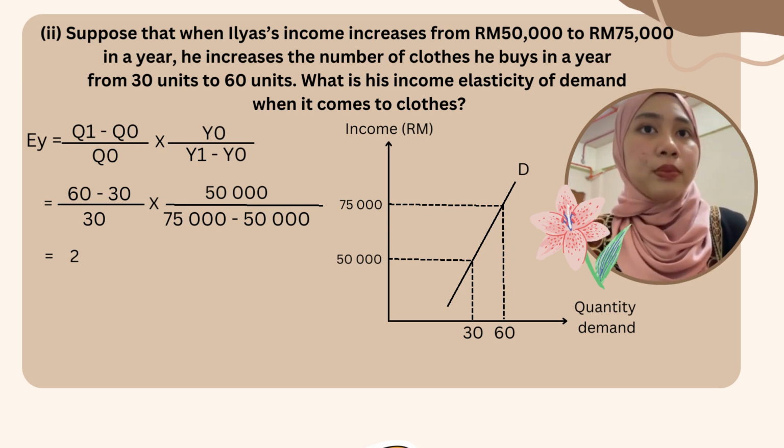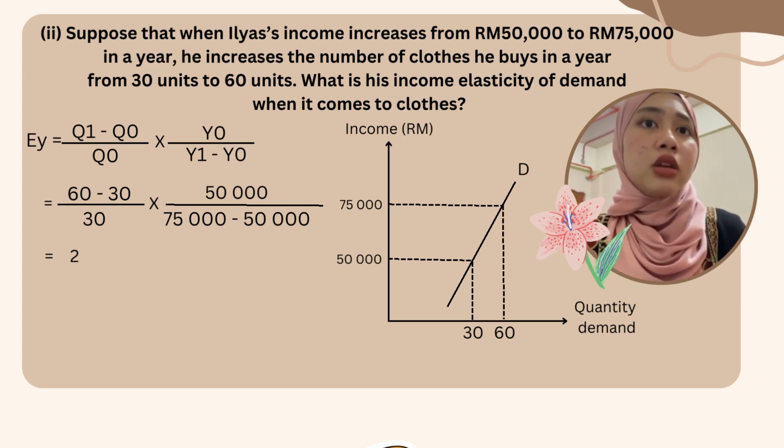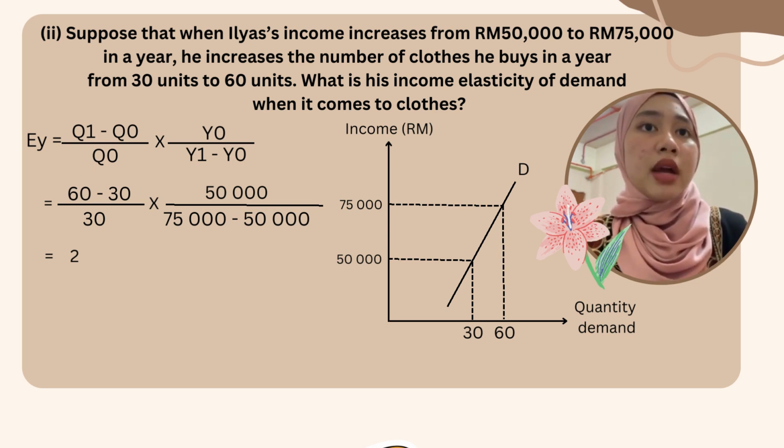For the formula, EY equals Q1 minus Q0 divided by Q0, times Y0 divided by Y1 minus Y0. 60 minus 30 divided by 30, times 50,000 divided by 75,000 minus 50,000. For the answer, you will get 2.